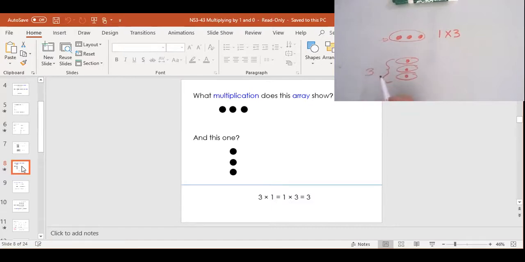So that is 3 groups, but how many are in each group? Only 1 in each group. So one group of 3 is the same as saying 3 groups of 1, and the answer is the same too. One group of 3 is 3 dots. 3 groups of 1 is also 3 dots.